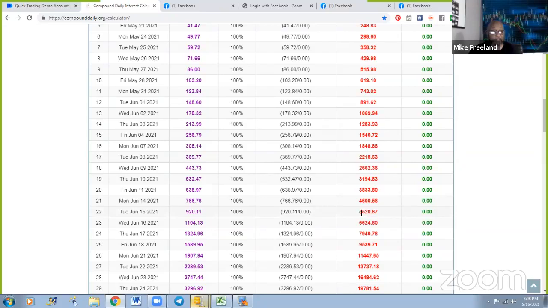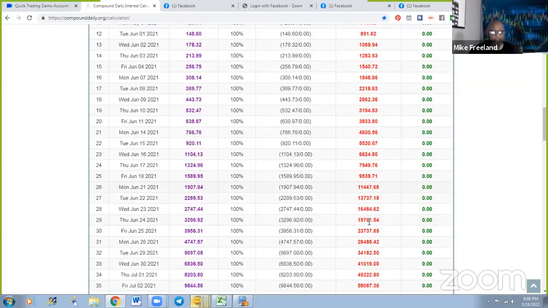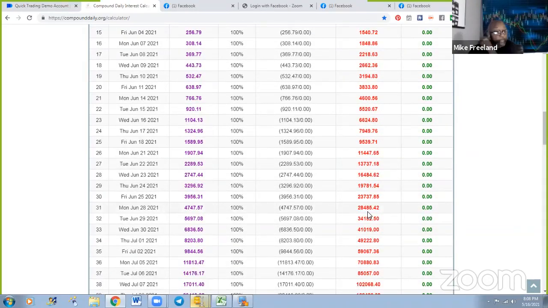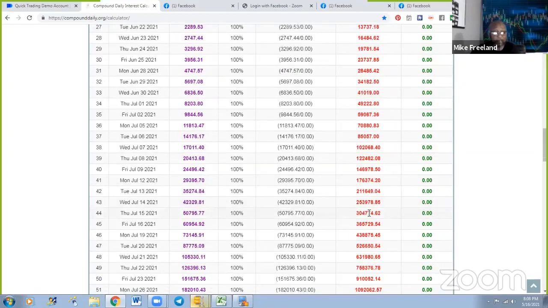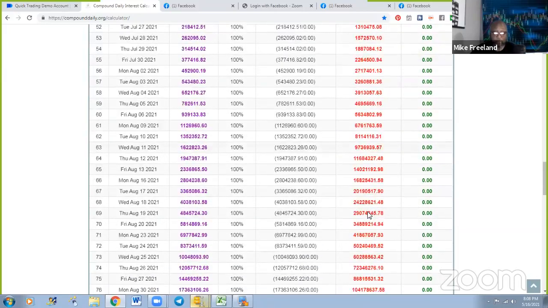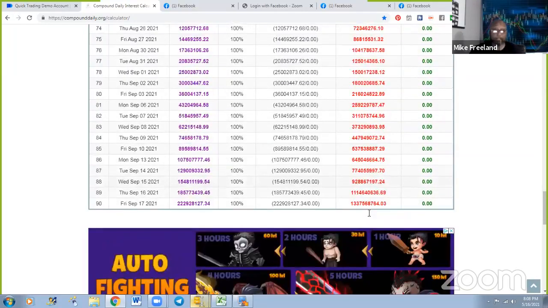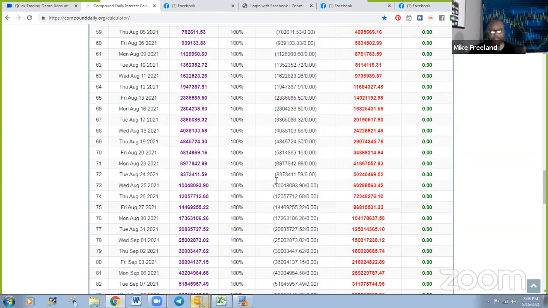And then look, it just grows. You'll be able to pay your monthly expenses, and you can pay a couple of months at a time. After the 90 days, let's say you make it all the way down here, you can pay a bunch of stuff off.